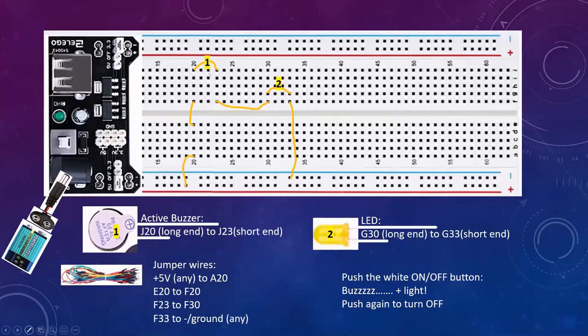And so to just kind of guide you through what the current is actually doing, it's going from the positive rail up through the active buzzer. But then instead of this F23 jumper going straight down to ground, we're going to move it over to another column.